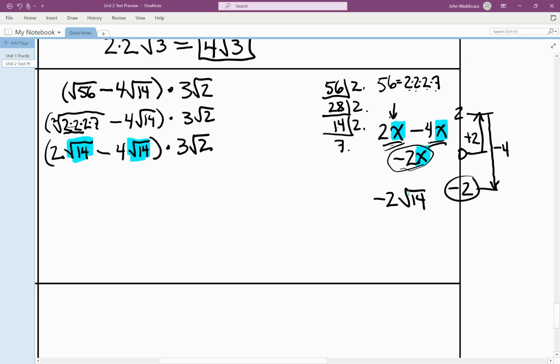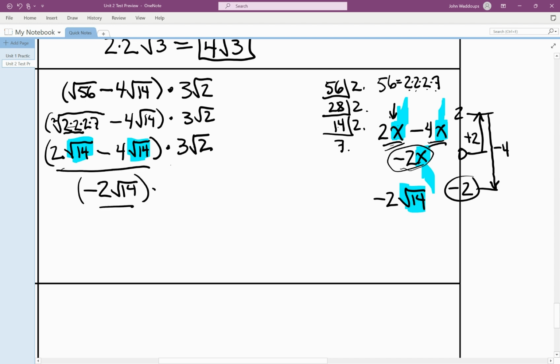Just adding a little color so you can see what I've done there. This x is the square root of 14, this x is the square root of 14, and this x here is the square root of 14. So I've got negative 2 square root of 14, which is the result of what is in the parentheses.